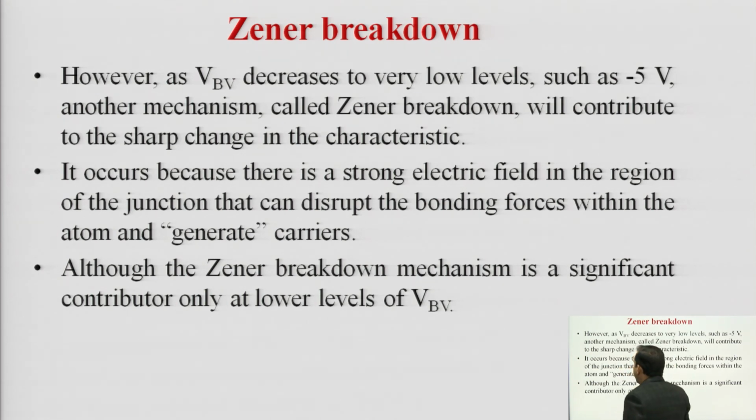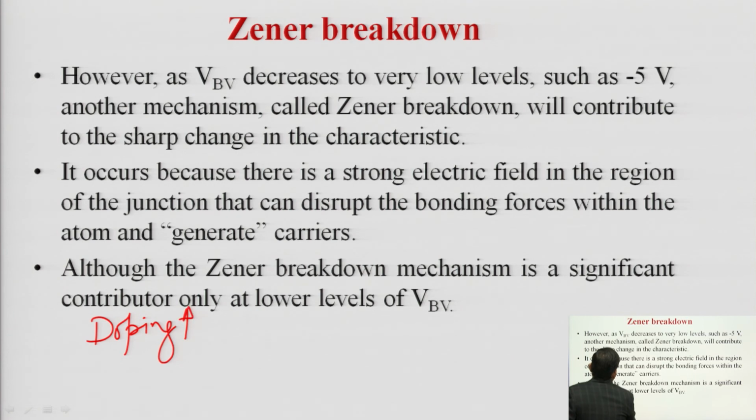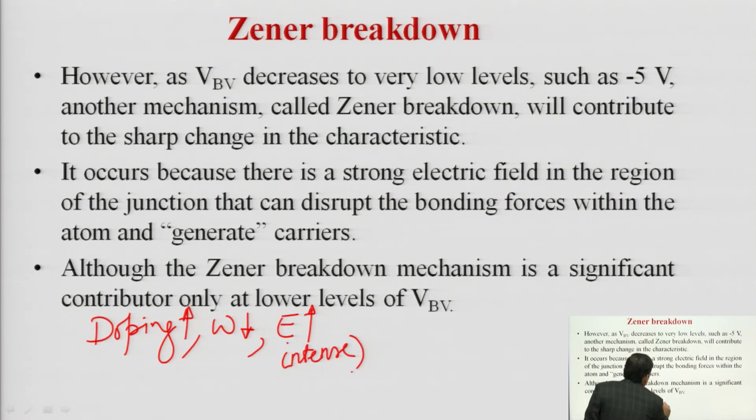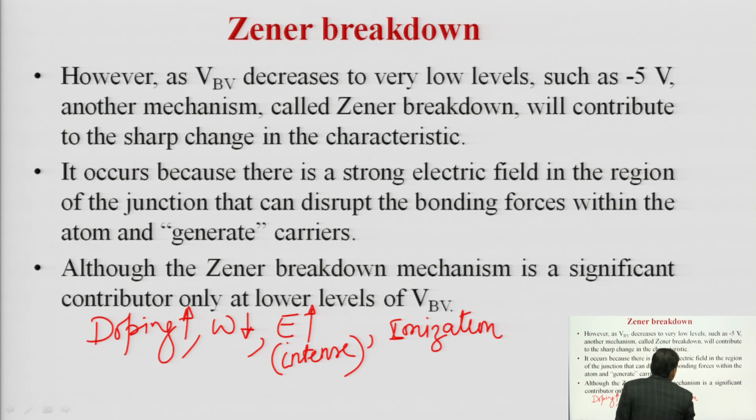So, here we can see that as the doping profile increases, the width of the depletion region decreases, and due to the decrease in depletion width, the electric field becomes intense, and this intense electric field is responsible for the ionization process.